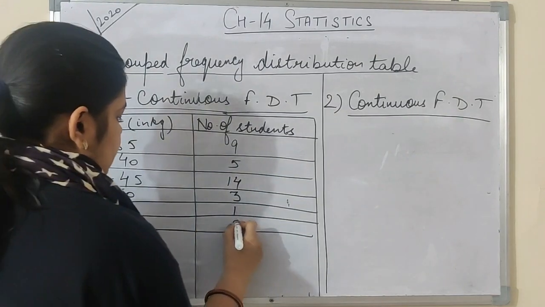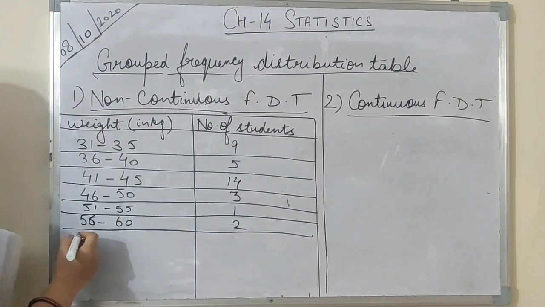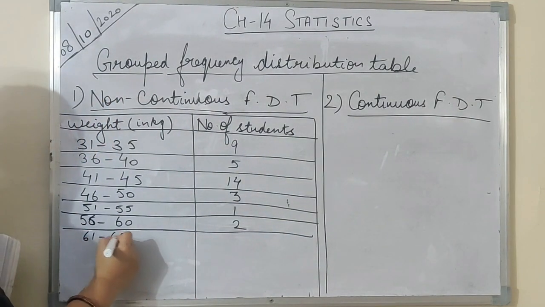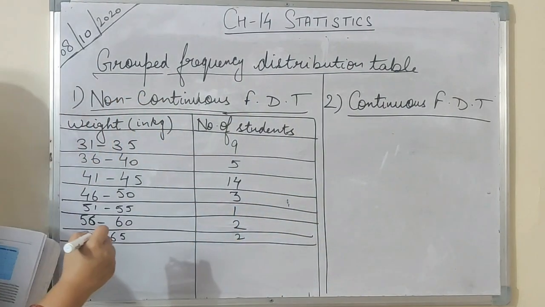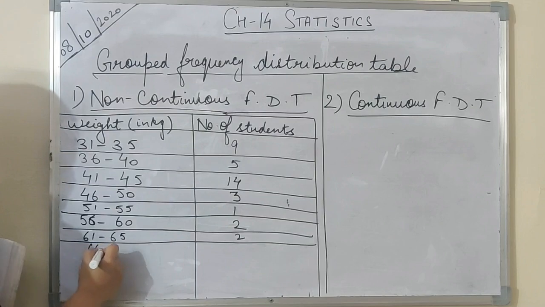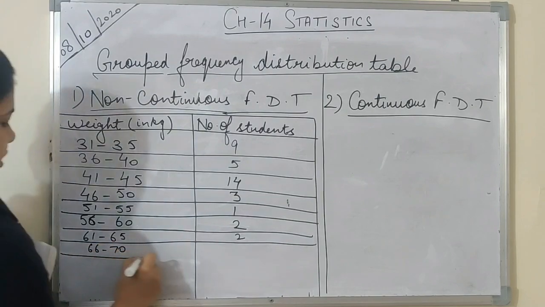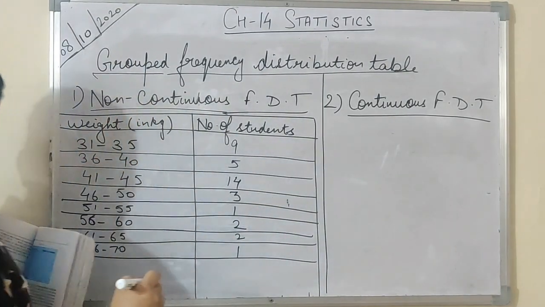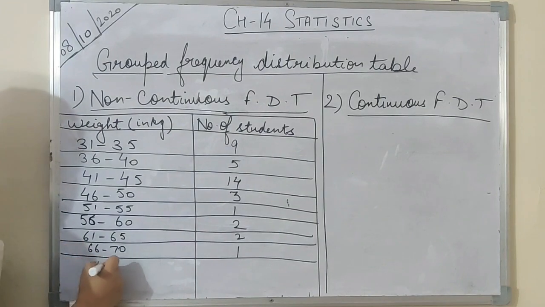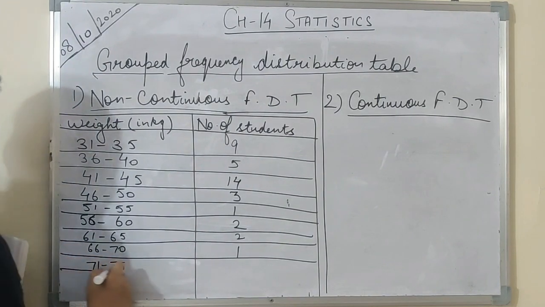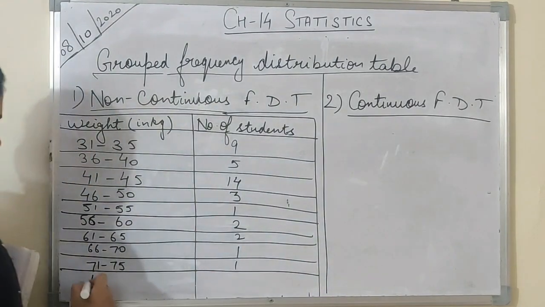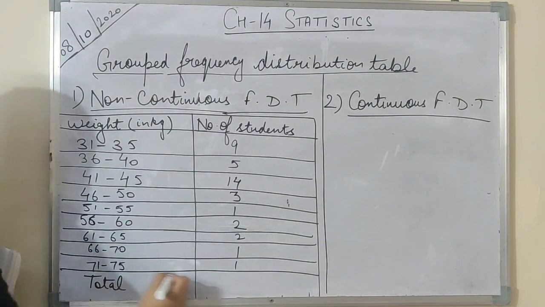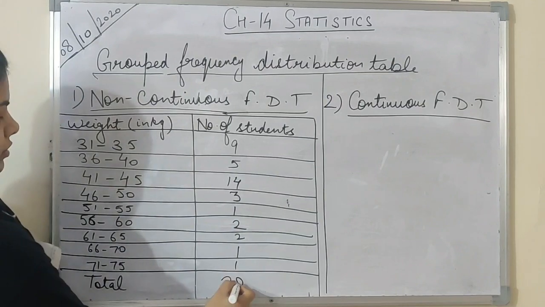Again, 2 students. Then in the next 61 to 65, how many students? Again, 2 students. Then 66 to 70, how many students? 1. Then last is 71 to 75, again 1 student, and there are a total of 38 students.